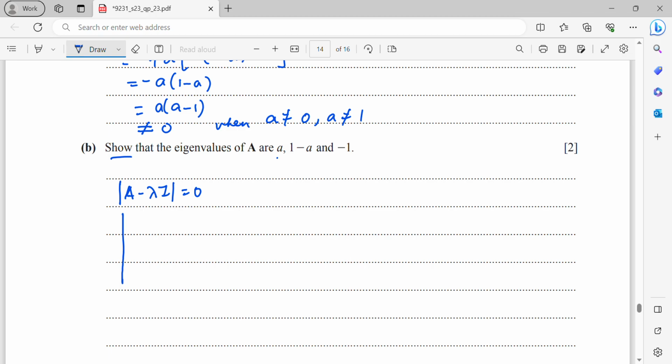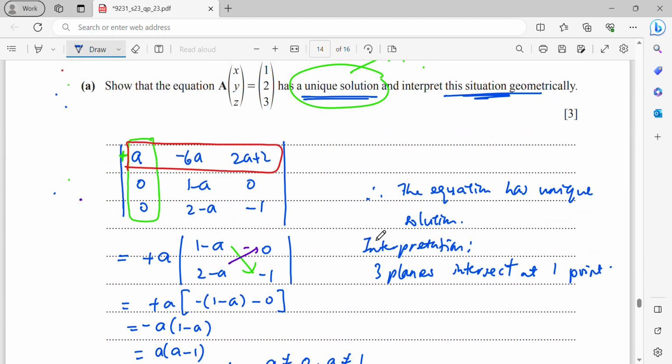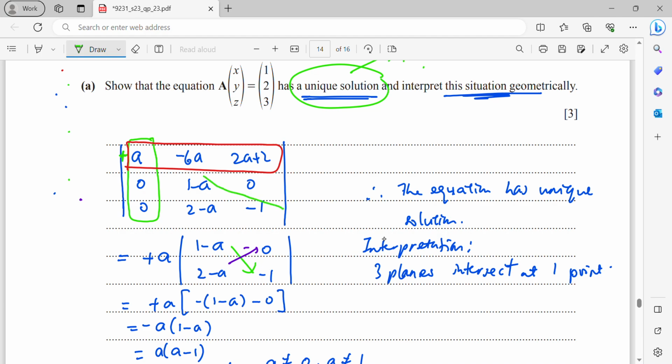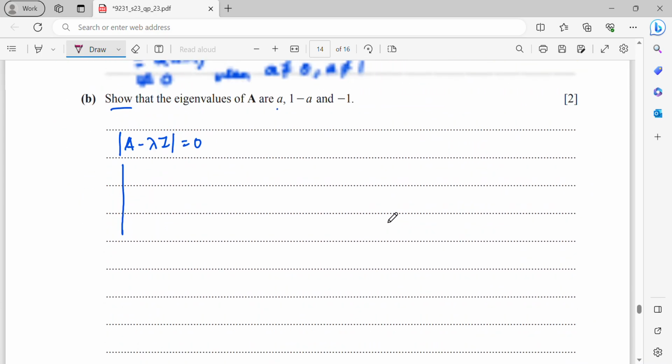So now A minus lambda I means that for the matrix A, the diagonal elements will have to minus lambda, because the I is the identity matrix. So I remain the rest, and the diagonal elements, these three values, have to be minus lambda. So now I will rewrite.